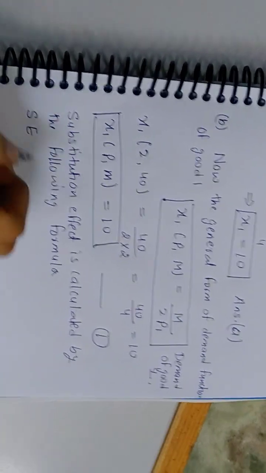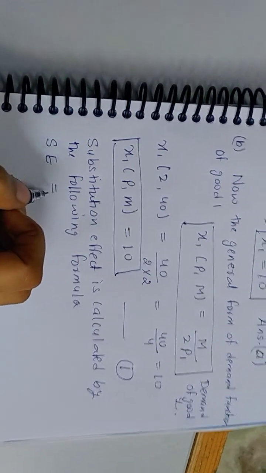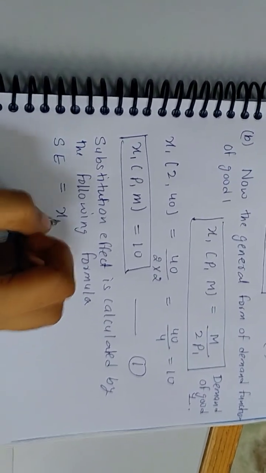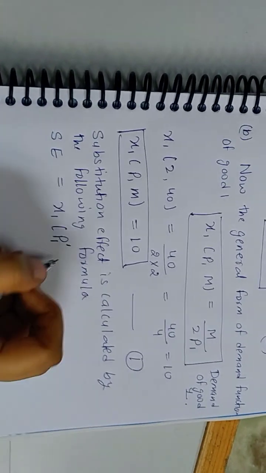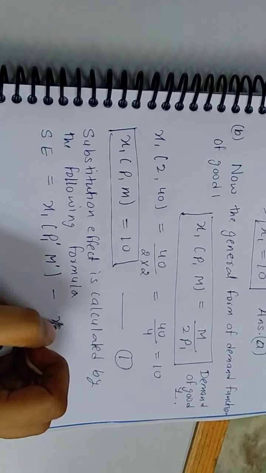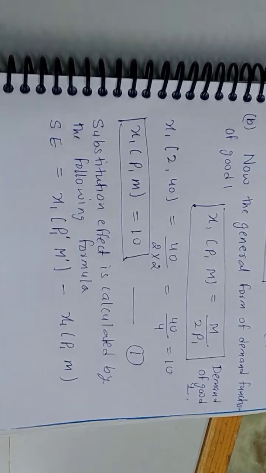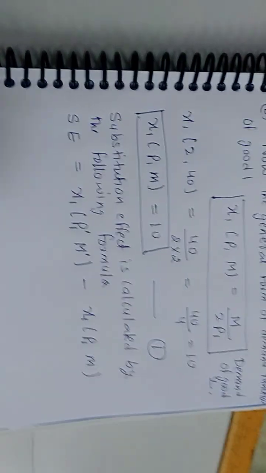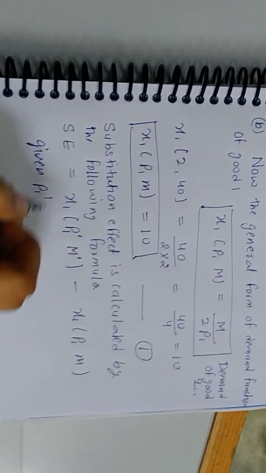We can write the substitution effect in shortcut as SE equals demand for good one with the new price and changed income, minus x1 with the original price and original income. We are given p1 dash is rupees 1.